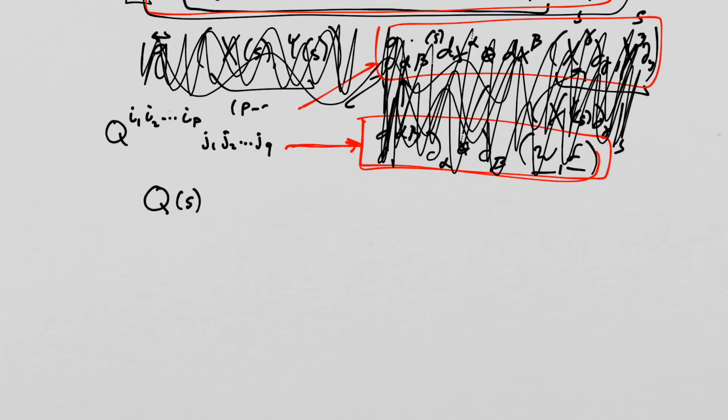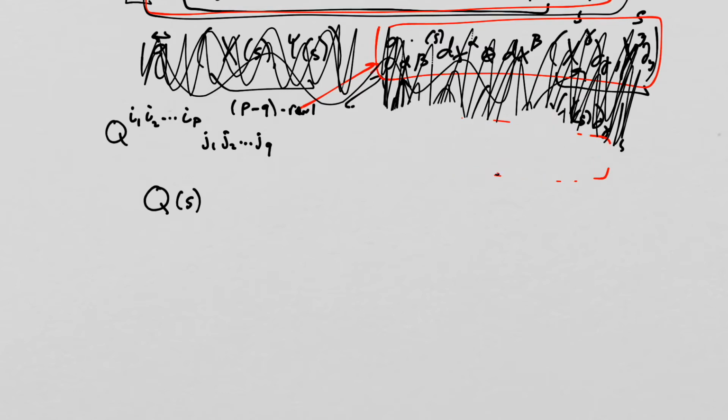And then that would be a PQ rank tensor, right? That's what the component would look like. And then in the component form, this thing would be partial I1 tensor product, up to partial IP, tensor product dx J1 up to dx JQ, like that. And it's a mapping, right?